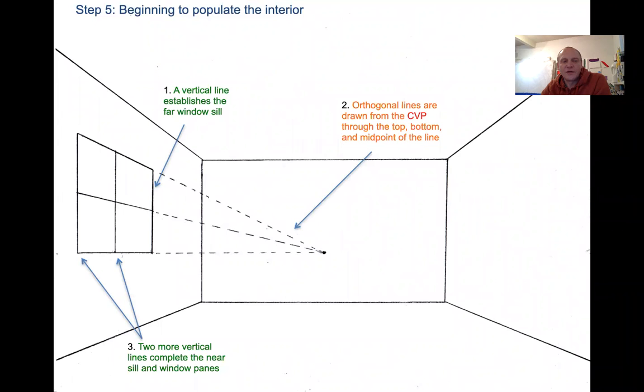If we look at that window, you can see it follows those same type of orthogonals as the top of the wall. That's because it's essentially the same thing. It's a flat object against that wall, so it has to line up in the same way that the rest of the angles lined up in making the wall.